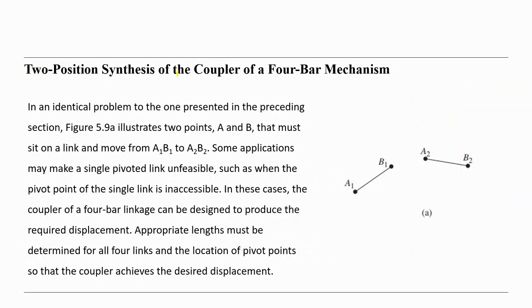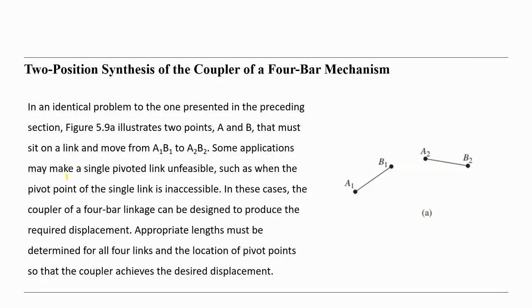Now, two-position synthesis of the coupler of a four-bar mechanism. What we can say additionally, in a problem identical to the one presented in the preceding section, figure 5.9 illustrates two points A and B on a link that move from A1 B1 to A2 B2.